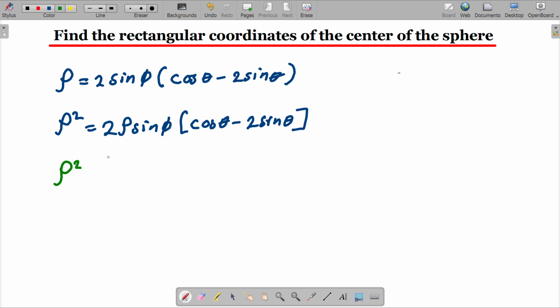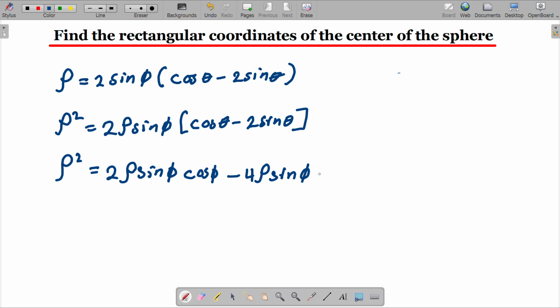So we have rho squared equals 2 rho sine phi cos theta, then minus 2 by 2 is 4, so 4 rho sine phi sine theta.